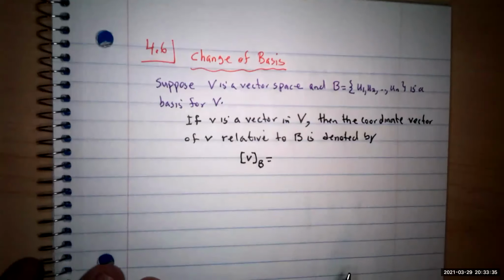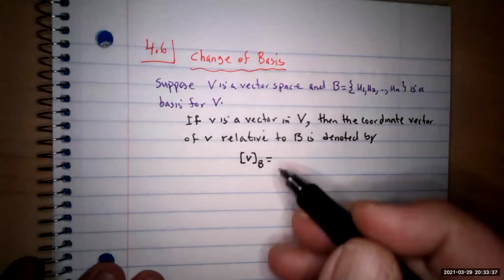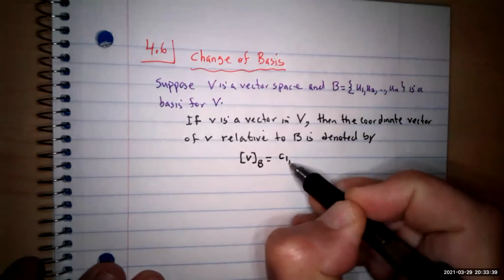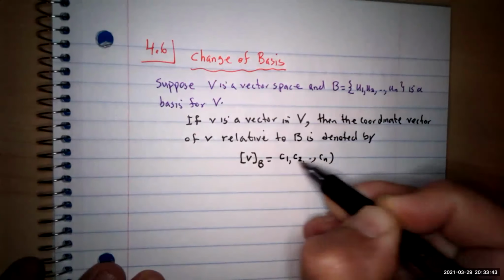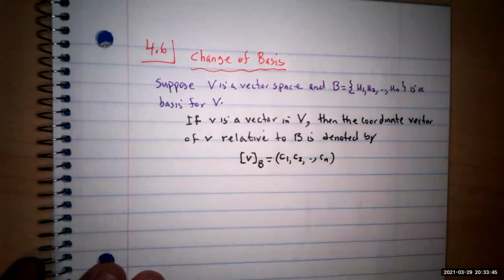Those coefficients we call coordinates. So this is going to be C1, C2, up to Cn. This is the coordinate vector.